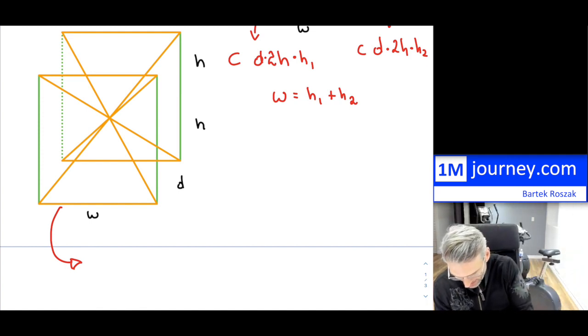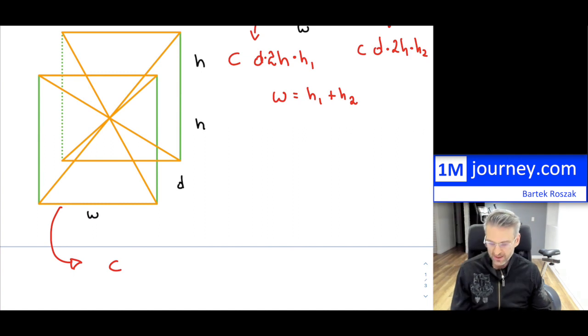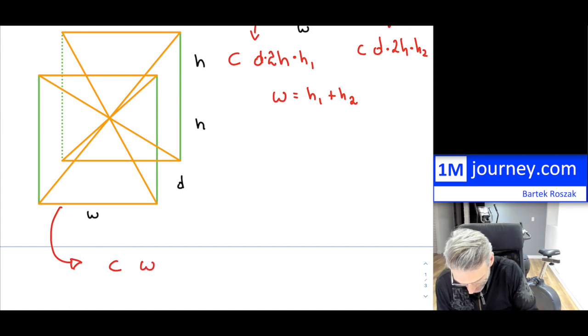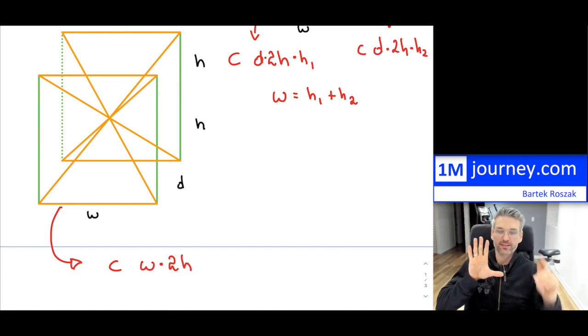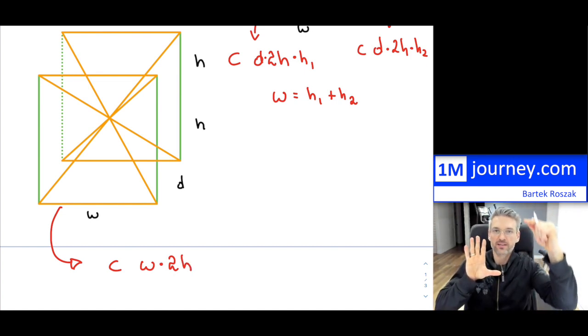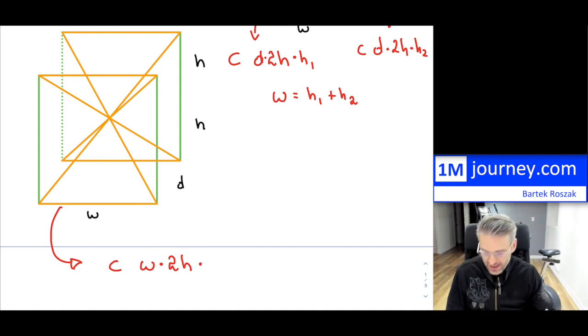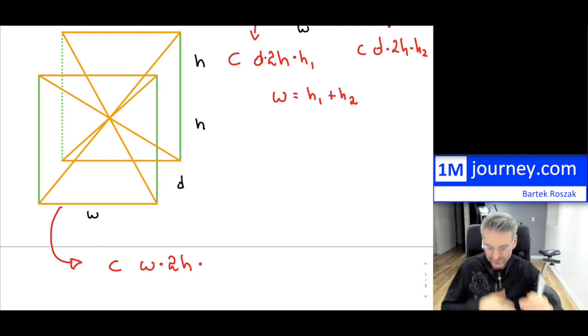So the volume, again, is going to be some C. And then it's going to be width times its base, so this is 2h. It's the front and then the 2h, because that's the size of the height, multiplied by its height, right?